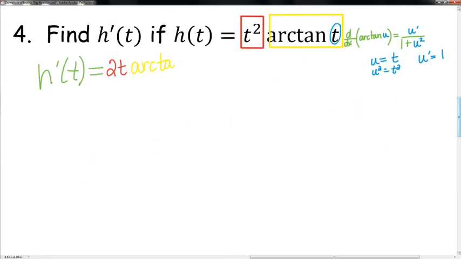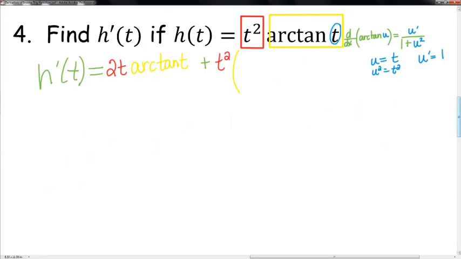And we're going to add that to the first times the derivative of the second. So let's set up our derivative of the second. So for the derivative of arctangent, it's going to be u prime.